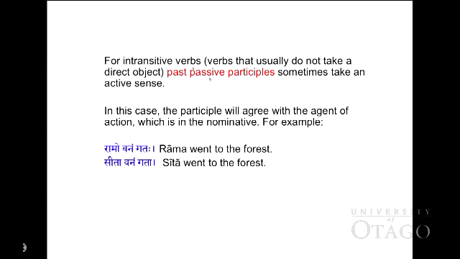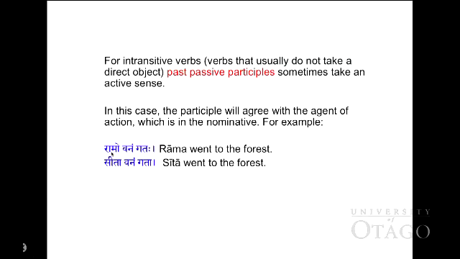Intransitive verbs do not take a direct object. PPP sometimes takes an active sense. In this case, the participle will agree with the agent of the action, which is in the nominative.